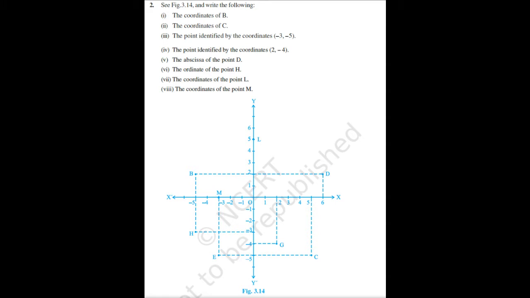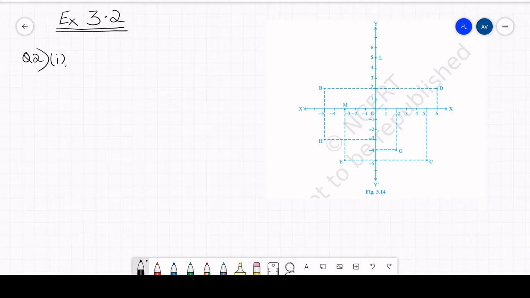Now the second question is asking us to refer to the following figure, and it wants to find out the following. So I've got the figure here on screen.